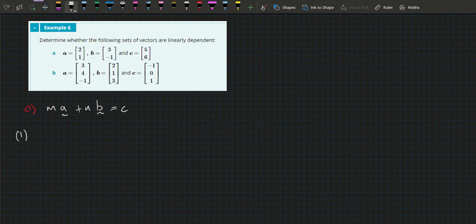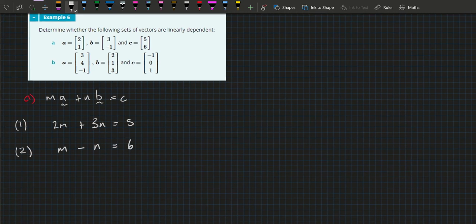So m times the first value is 2m, n times the first value in B is 3n, equals the first value in C, which is 5. Equation 2: 1m plus, not plus, so minus 1 times n equals 6. Let's do that quickly.